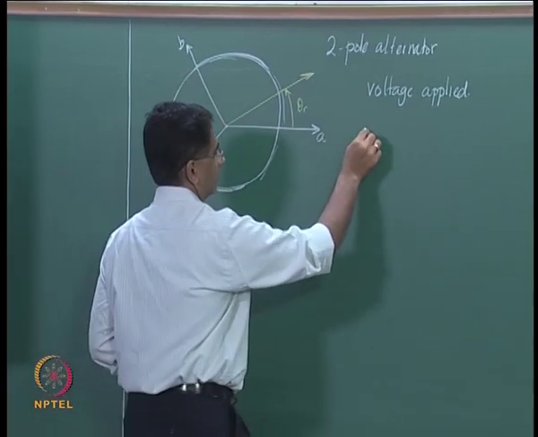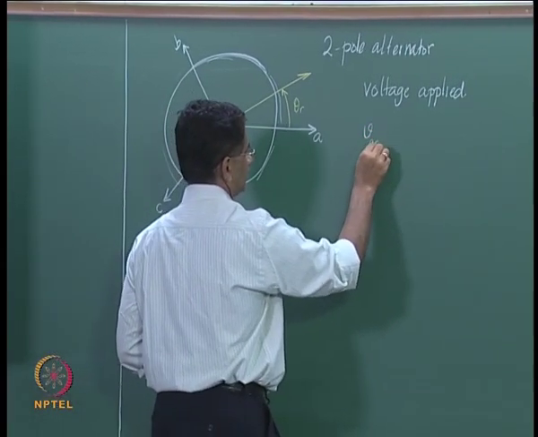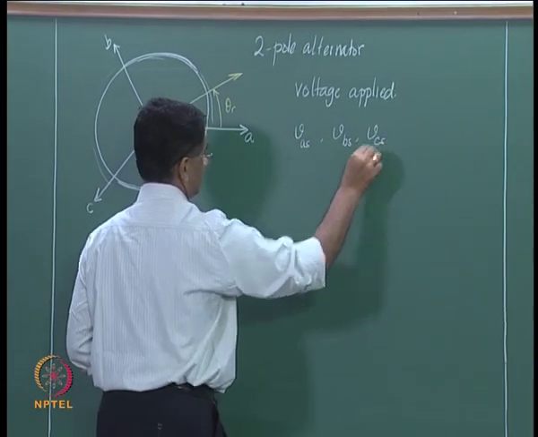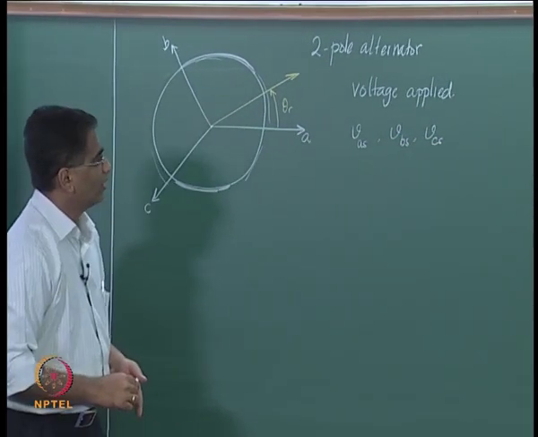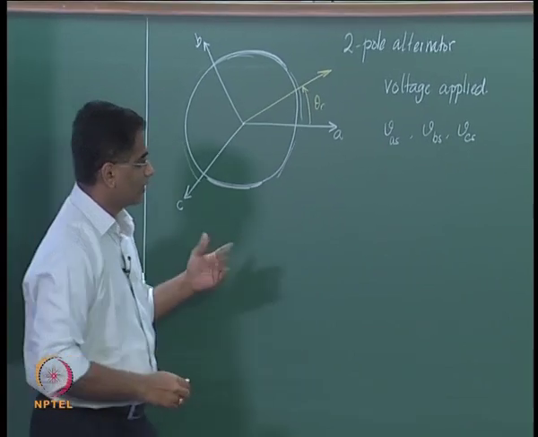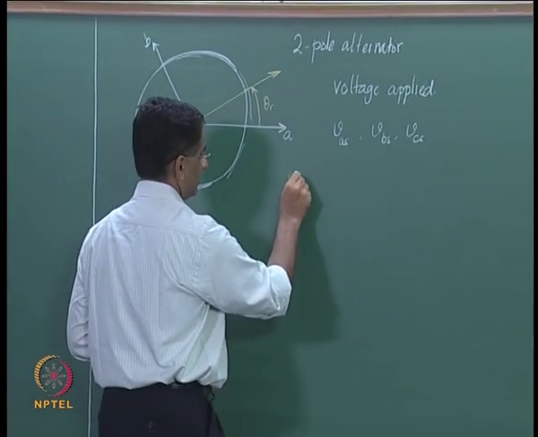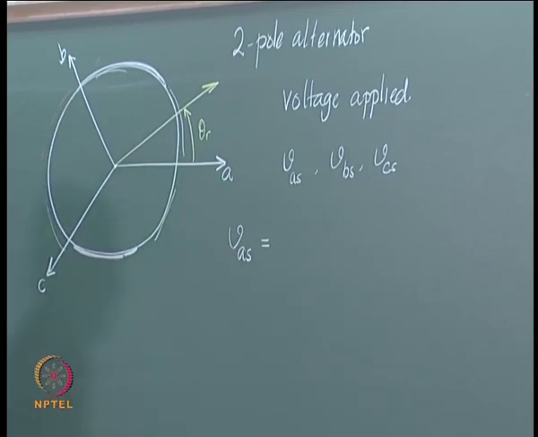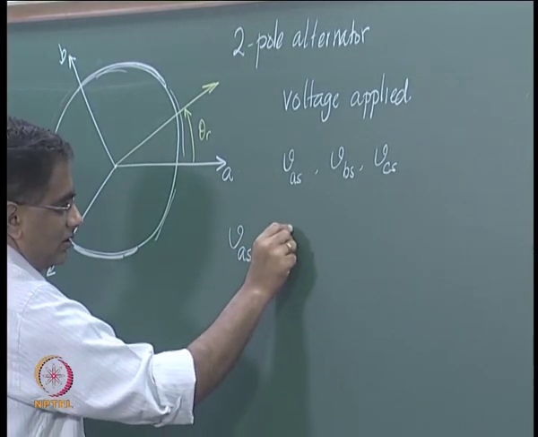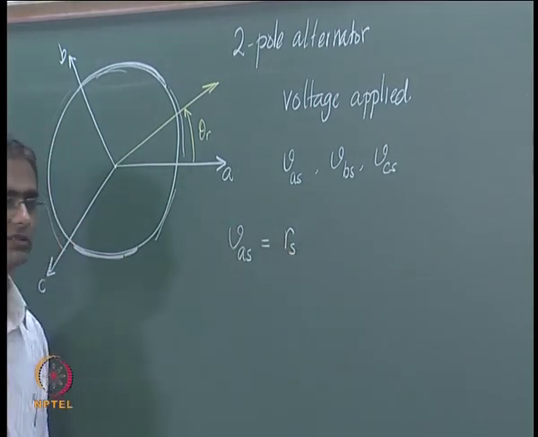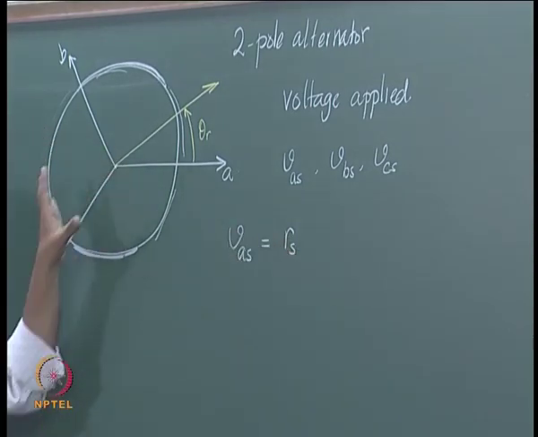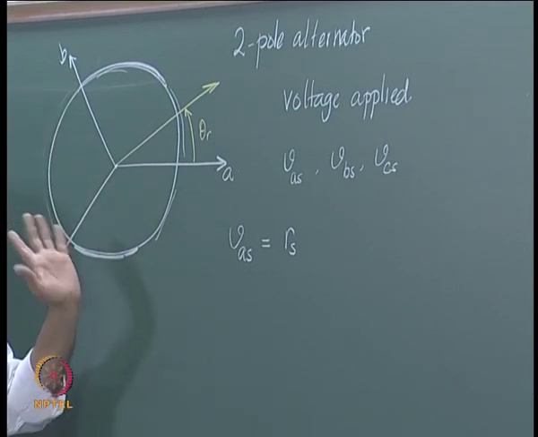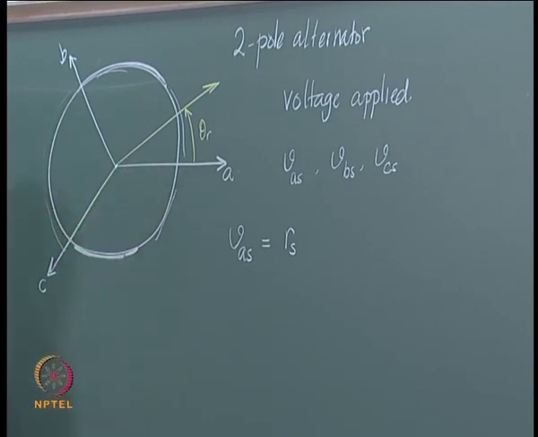So you have VAS, VBS and VCS. If you take for example VAS, the expression can very easily be written with the stator resistance. We will assume that the 3 phases are identical except that they are displaced in space, of course. The resistance of each phase is the same.